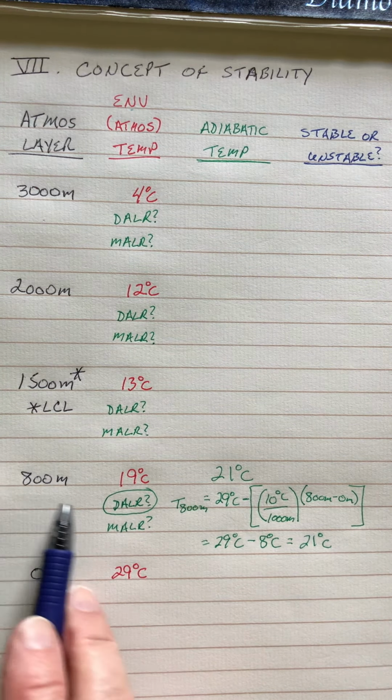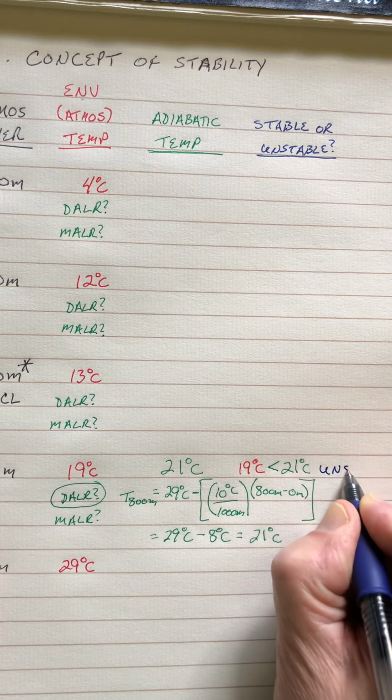So in this particular case, the temperature of the atmosphere is 19 degrees C. In other words, the air outside the hot air balloon is cooler than the air inside the hot air balloon, or if you want to look at it the other way, the air inside the hot air balloon is greater in temperature than the air outside the hot air balloon, and therefore that is going to give us an unstable atmosphere. So here at 800 meters, the air is unstable.